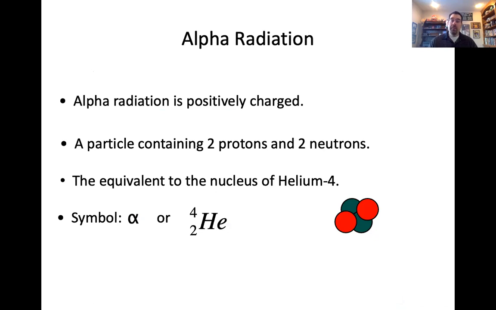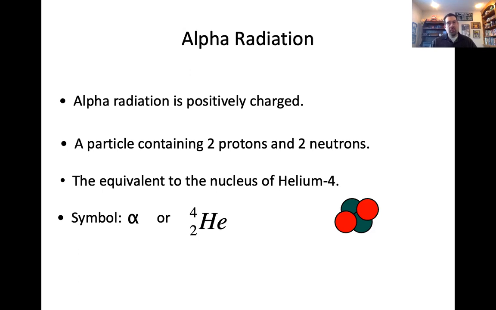The alpha particle is equivalent to the nucleus of the isotope helium-4, right? So helium has an atomic number of 2, means it has 2 protons. And if it's helium-4, that means it's got 2 protons and 2 neutrons. Notice I didn't say that it is an atom of helium-4 because there are no electrons, right? It's just 2 protons and 2 neutrons. So it's equivalent to the nucleus of helium-4.